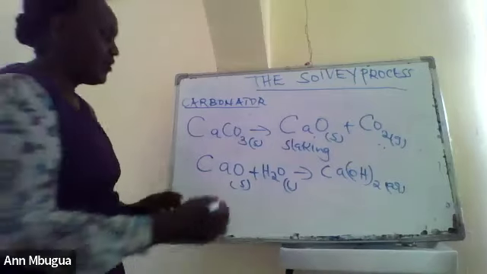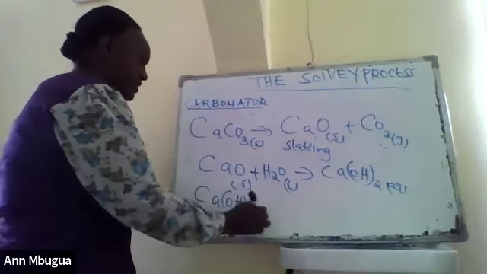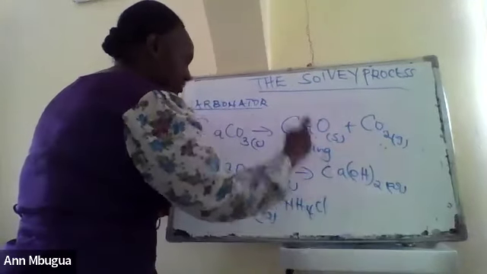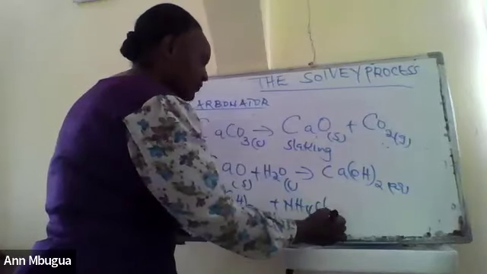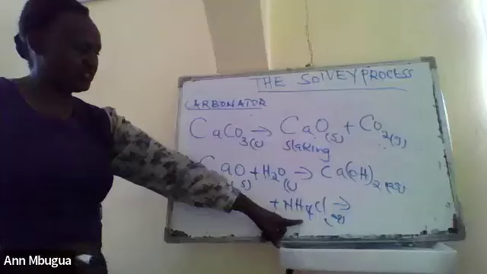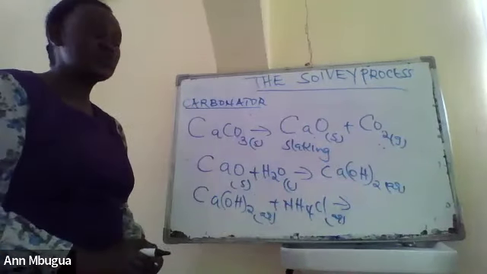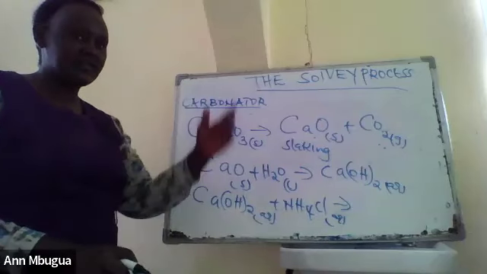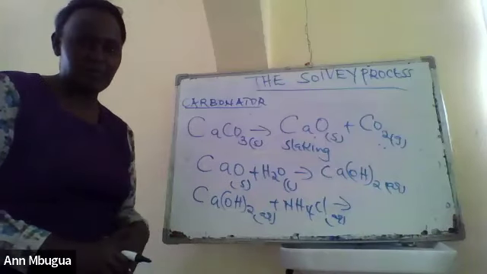So what happens when this calcium hydroxide reacts with the ammonium chloride that was formed as the second product in the carbonator? After carrying out precipitation and filtration, we get ammonium chloride as the filtrate. We get sodium hydrogen carbonate as the precipitate, which we decompose. Now we remain with the filtrate as ammonium chloride.